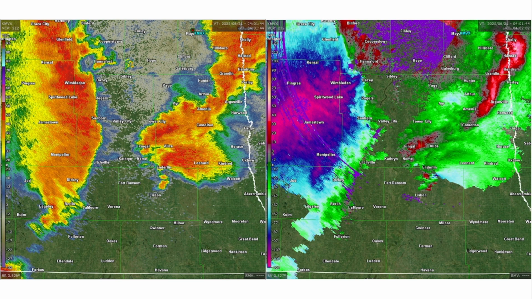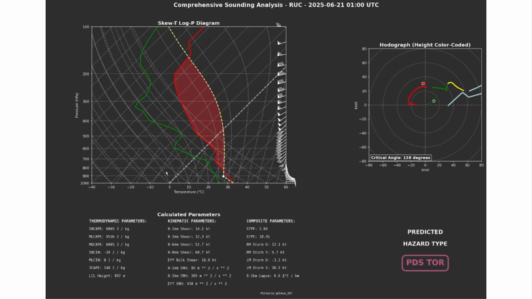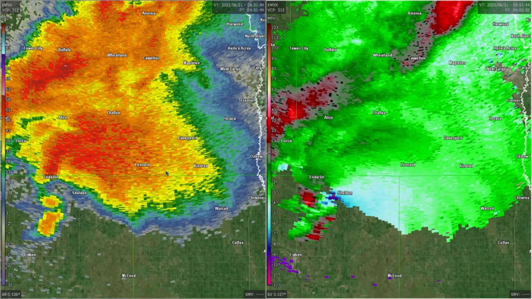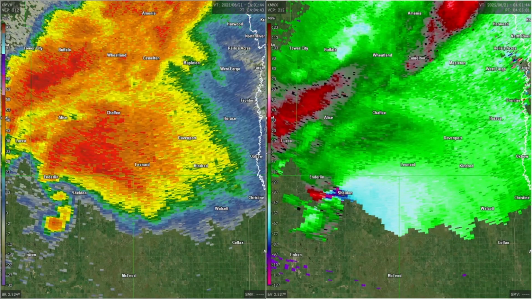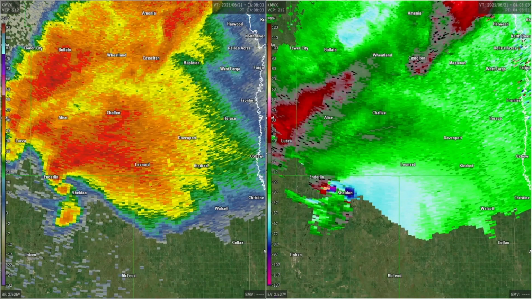Those three mesoscale things, large scale, parent environment was becoming more favorable, and mesoscale, the southern supercell was still wide open, had a perfectly placed nudger, underwent a merger to significantly boost its intensity, and was getting lifted from the line. That's why the tornado that this supercell would begin to produce right now, the Enderlin, North Dakota tornado, reached such an incredible intensity. That's why this supercell was able to produce an EF5.